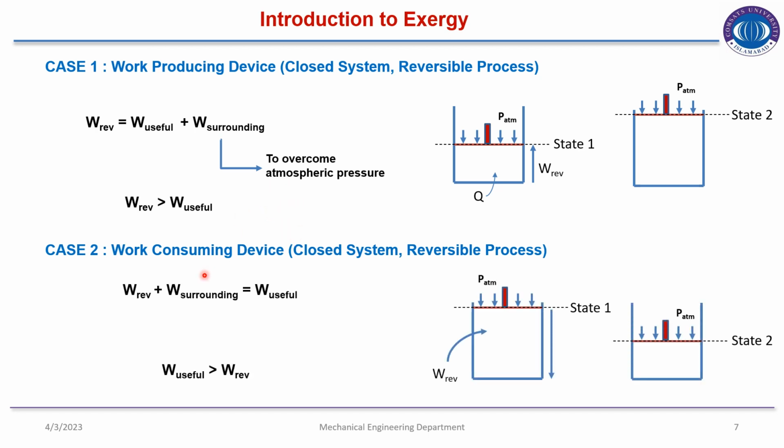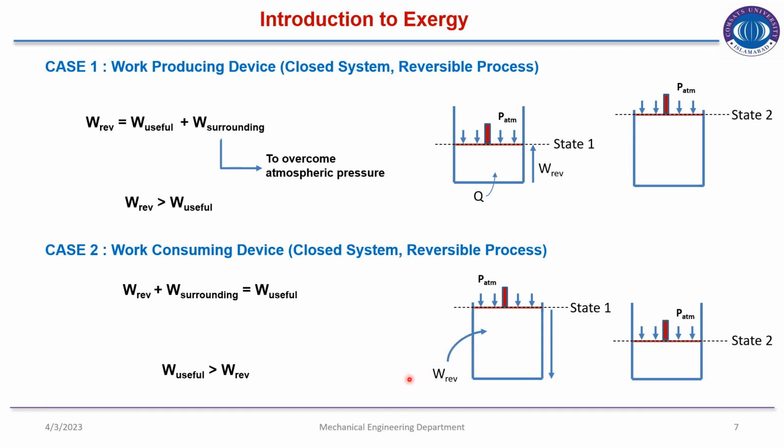And now for the work consuming device. It is the reverse of the above process. It is also a closed and reversible process. Now the piston cylinder is at state 1, and the reversible work is introduced. P atmospheric is pushing the piston down.